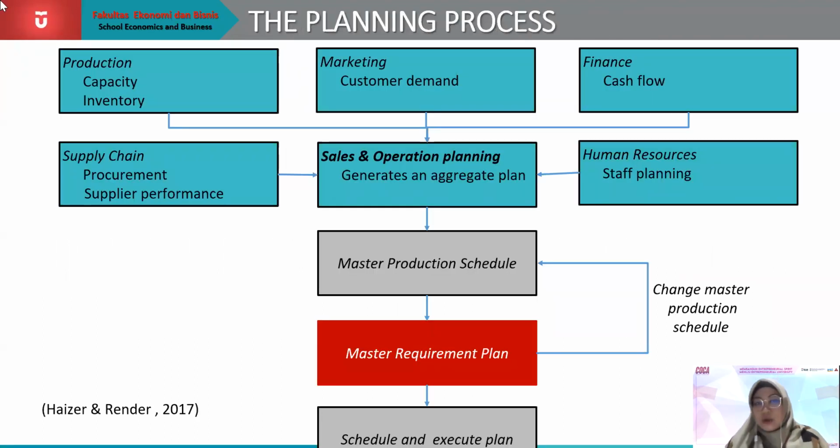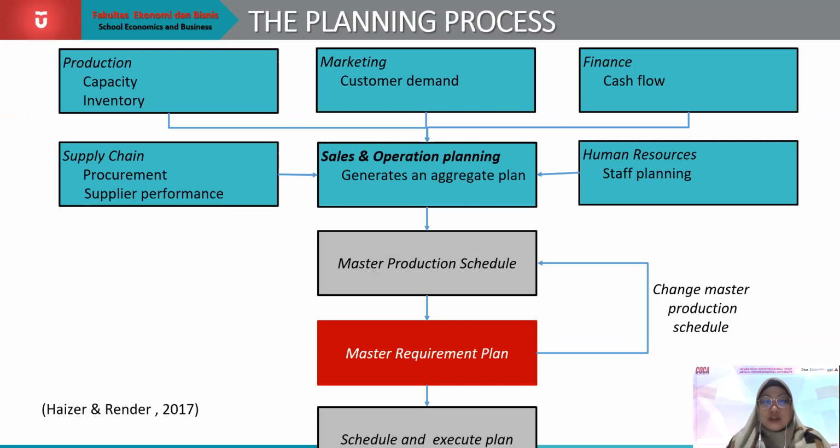So actually, this is the structure, the relationship between MRP and other steps. In the planning process, since the MRP is made in the planning process, before you do the production, the first thing you need to do is plan everything.